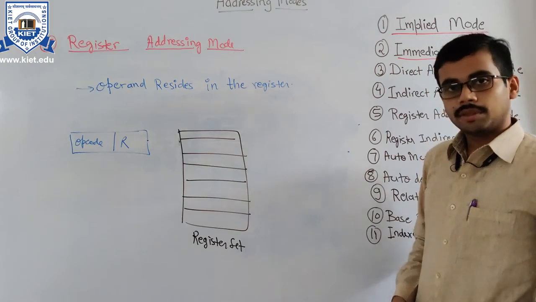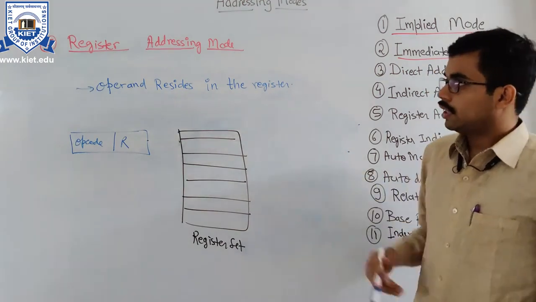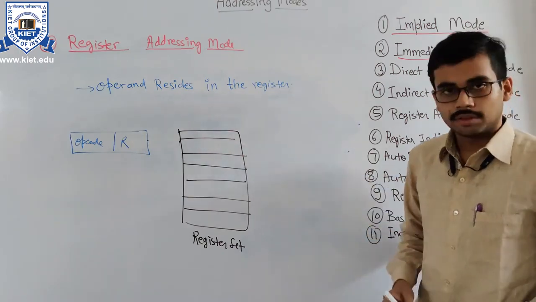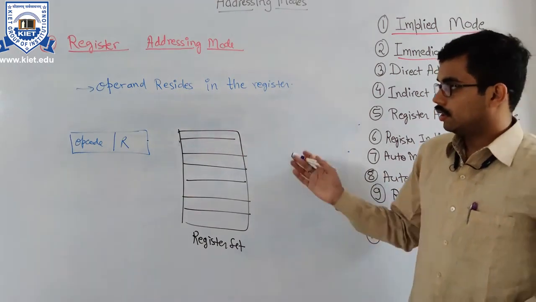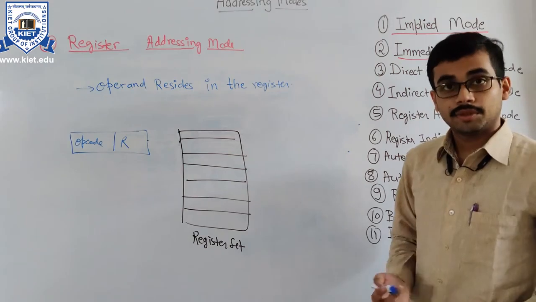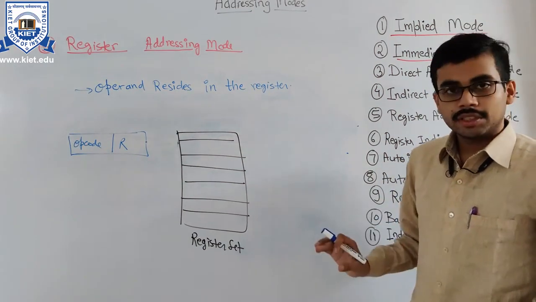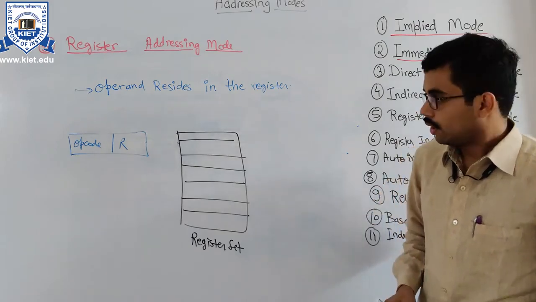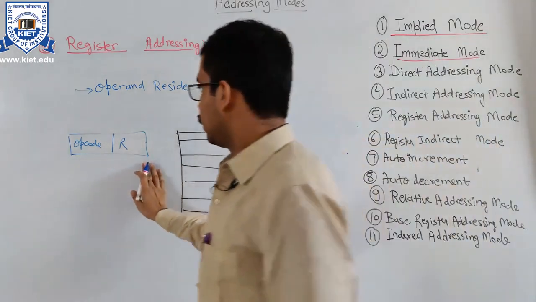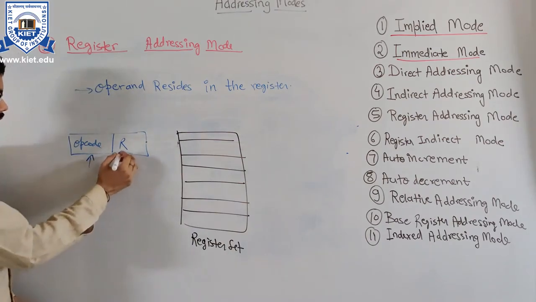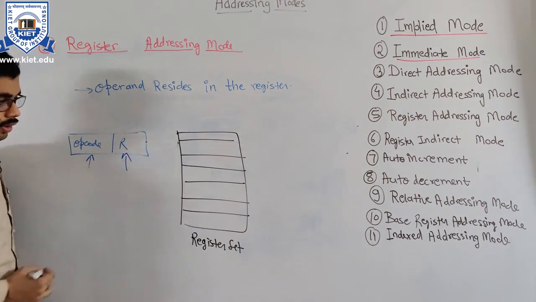Now we will talk about register addressing mode. In register addressing mode, the operand will be in a register. We all know that a processor has a set of registers, and in one of the registers there will be an operand. In our instruction format there will be an opcode, and in the address field there will be a register.